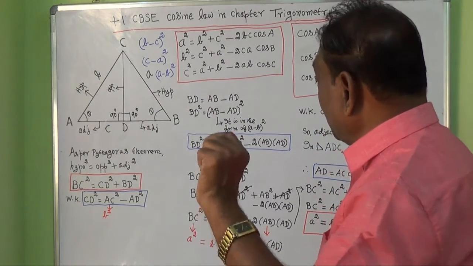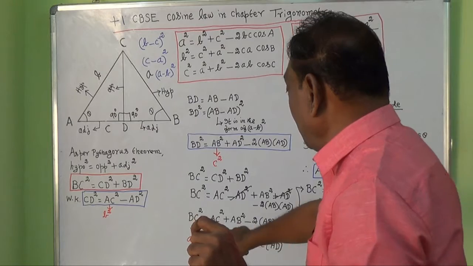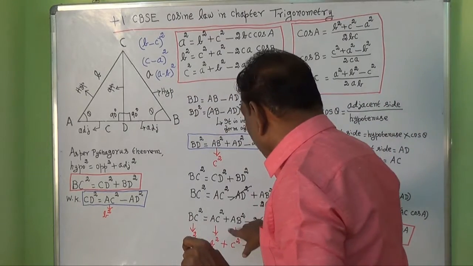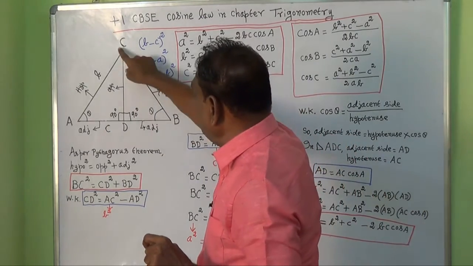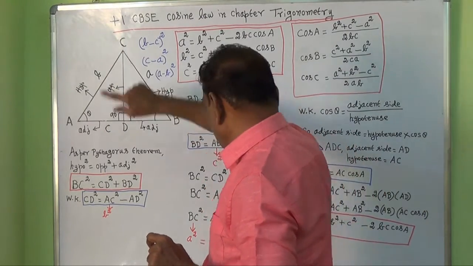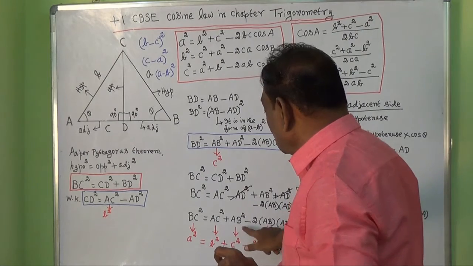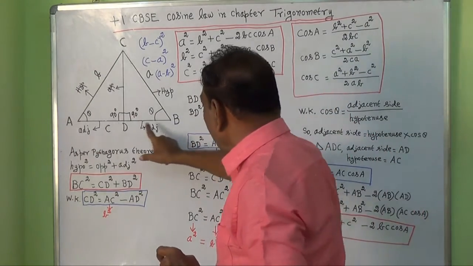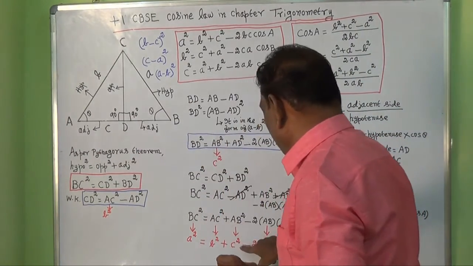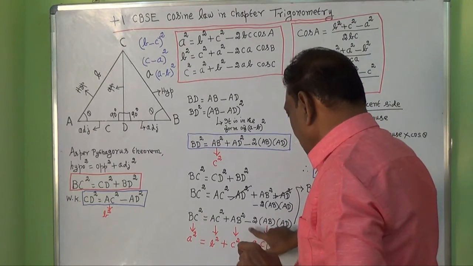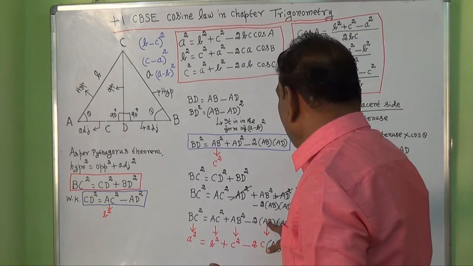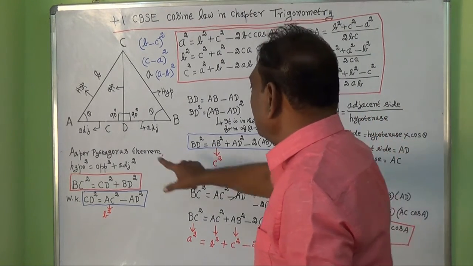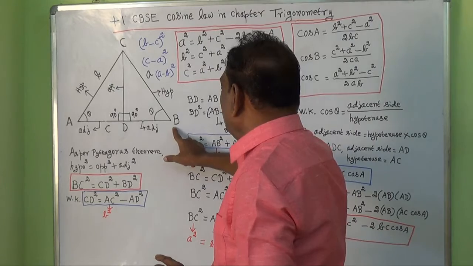The BC square represents a square. What is AC square? The AC square represents b square. What is AB square? The AB square represents c square. Minus 2 is written as it is and AB is written as c, because the side AB is the side c.